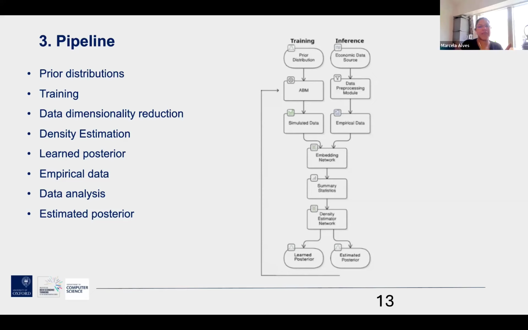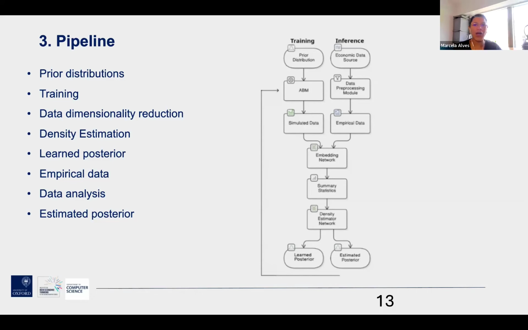And then the next step is a density estimation network, yet another neural network, which is trained to understand the relation of parameters and posterior, right? And then once we do all these steps, we have what we call the learned posterior, which is basically the posterior estimation we have with the ABM alone.